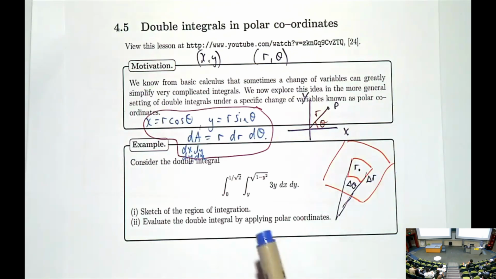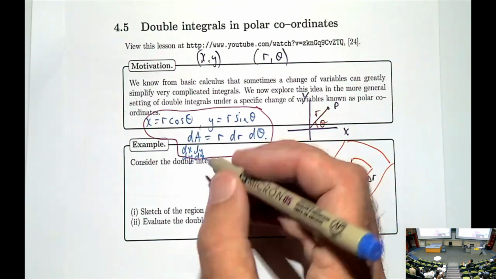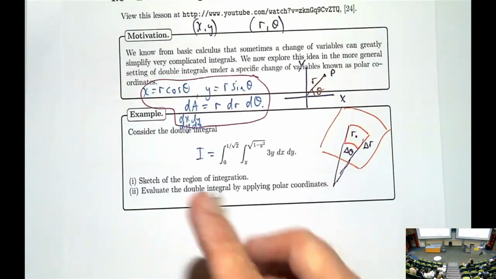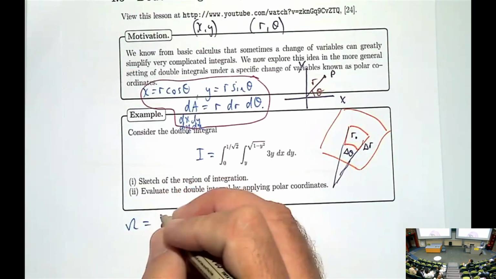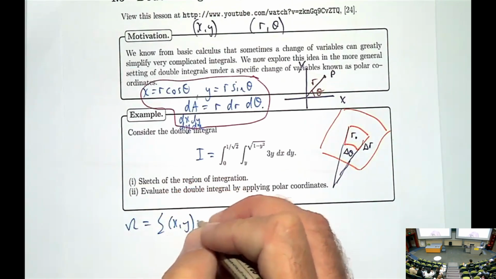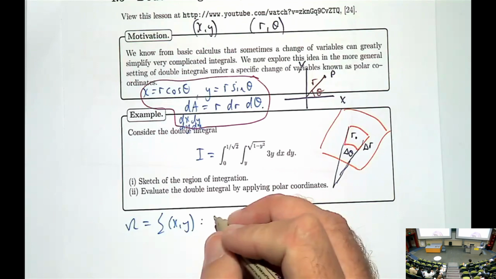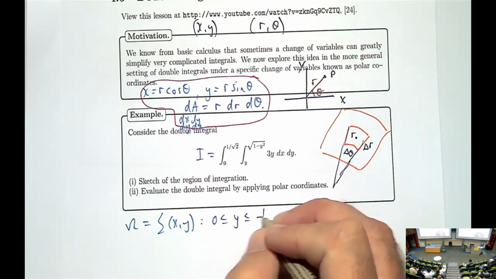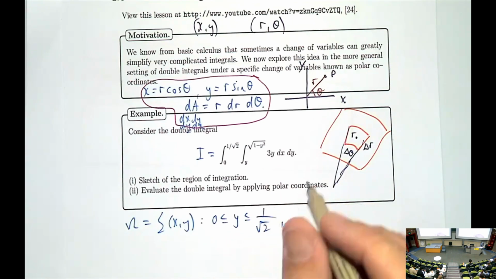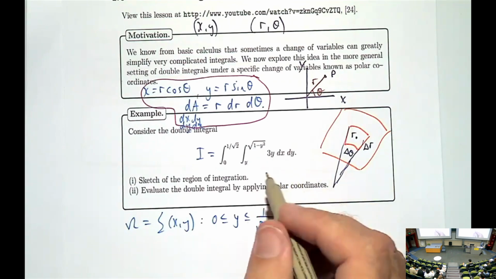So y is between 0 and 1 on root 2, and we're in xy coordinates here. And x is between y and that square root.